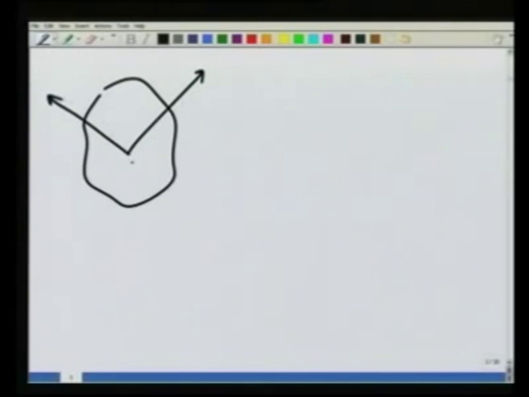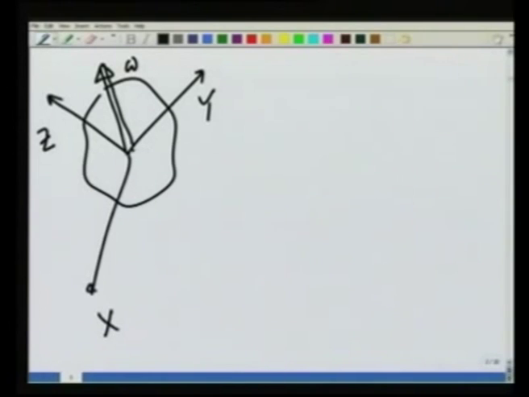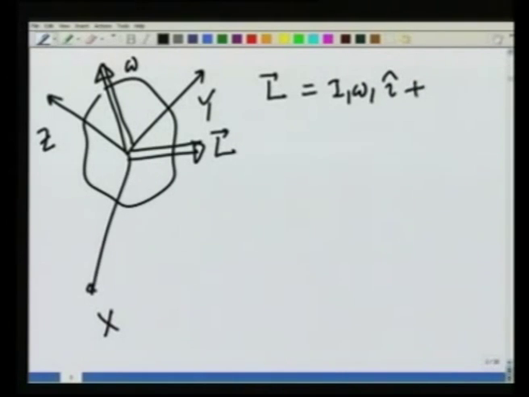So what we see is, in the case of x, y, z principal axes, omega and L are not parallel. L could be I1 omega 1 i plus I2 omega 2 j plus I3 omega 3 k.